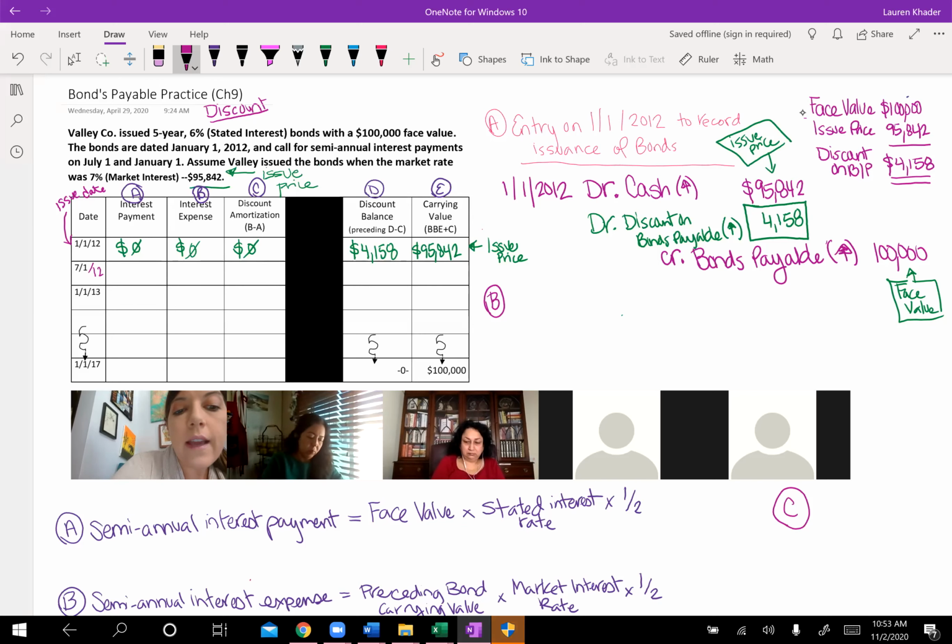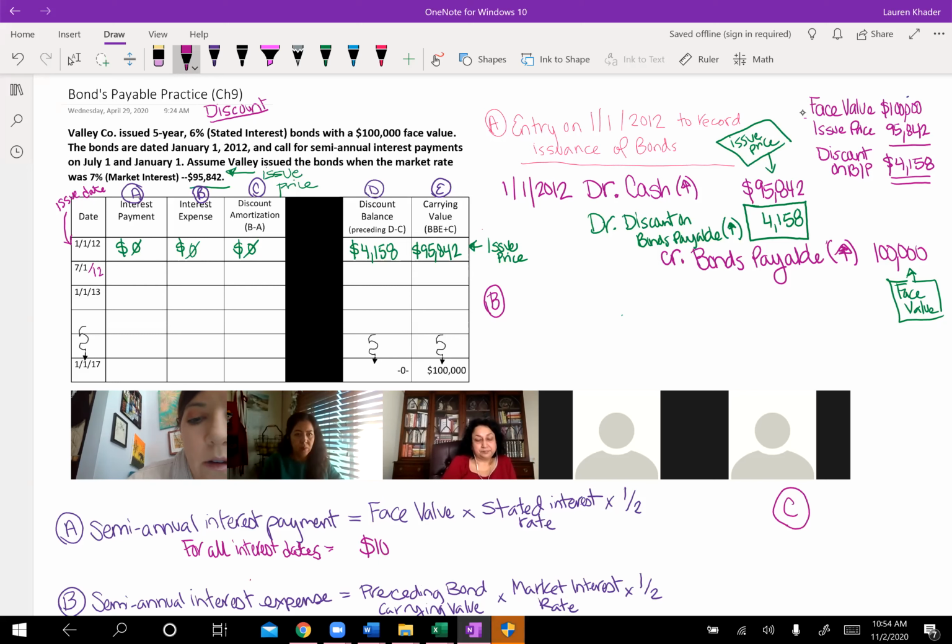To calculate our interest payment, which is always going to be the same amount, we're going to take the face value of the bonds, which is 100,000, times the stated interest rate, 6%, so 0.06, times 1/2, because we're paying half of that annual interest rate every 6 months.